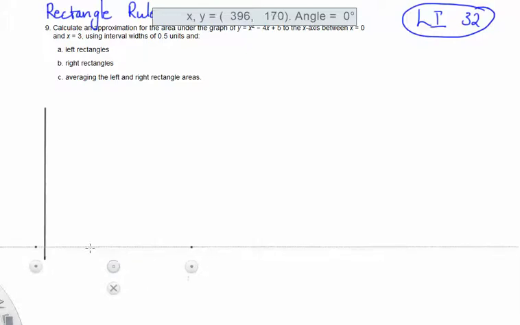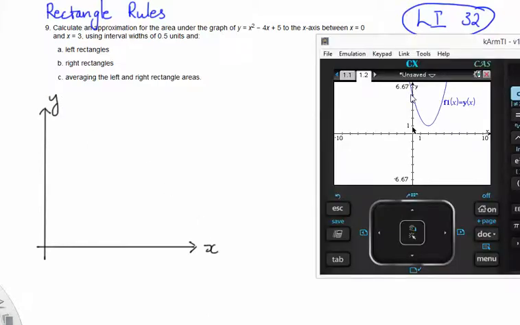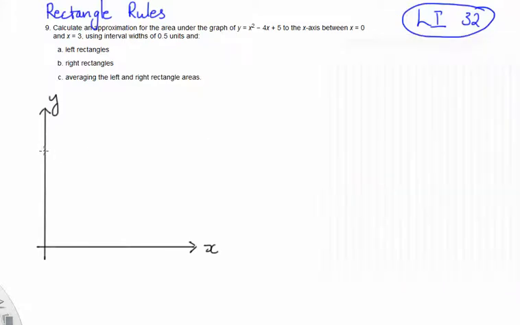I've never told anyone to do a small graph. Do not sketch small graphs. Sketch big graphs. Let's have another look. It starts at y equals 5, and 3 is about there. Something like that. So this point is 0, 5.